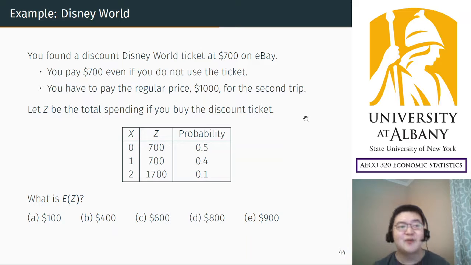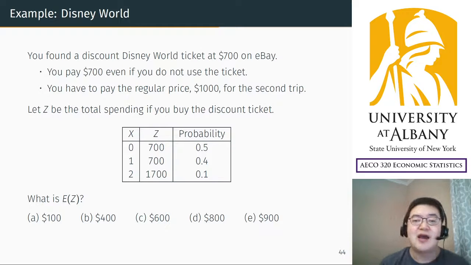So now make it a little more interesting. I was planning, making a financial plan for Disney World, but fortunately I could find a discount ticket. It's on eBay.